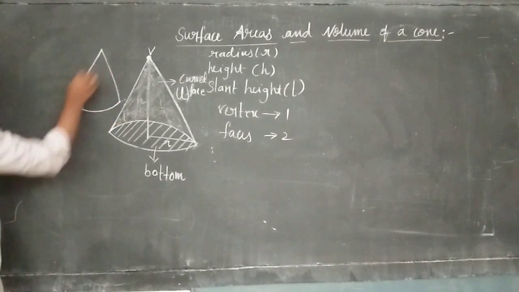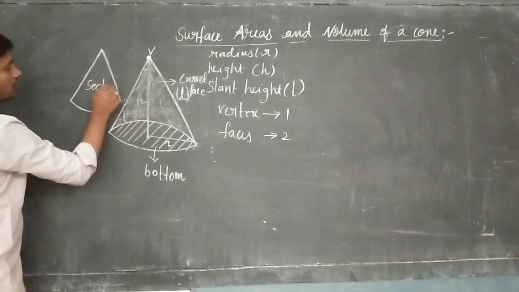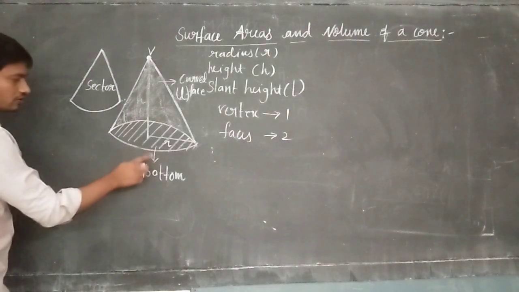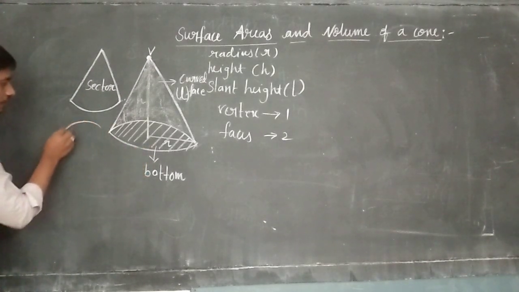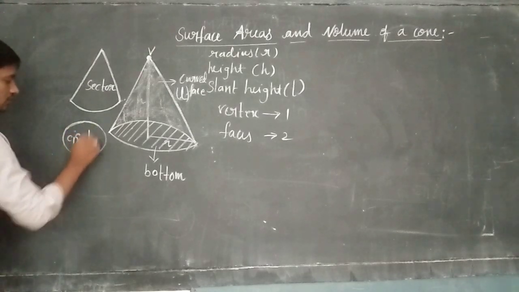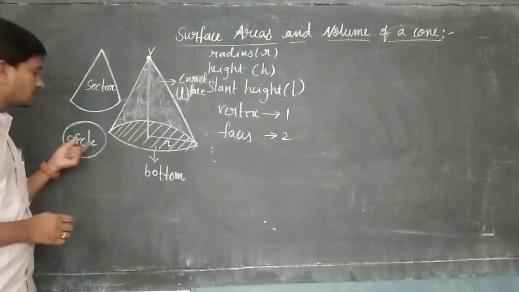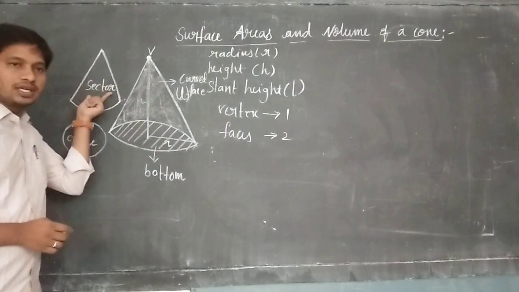This is our curved face, which is in the shape of a sector. And we have one more face, which is in the shape of a circle. Clear? About faces, we have two faces: one is circular in shape and the other one is a sector.